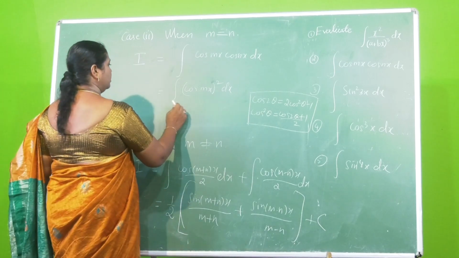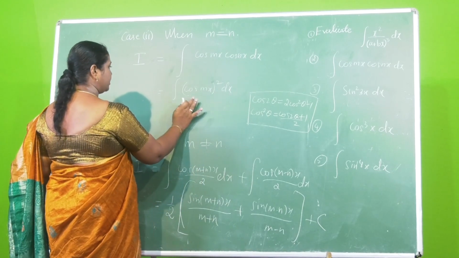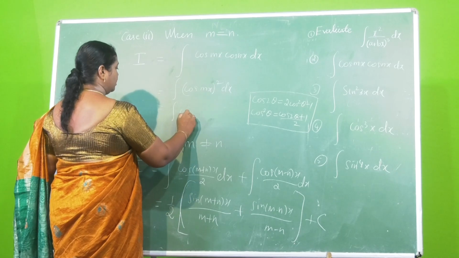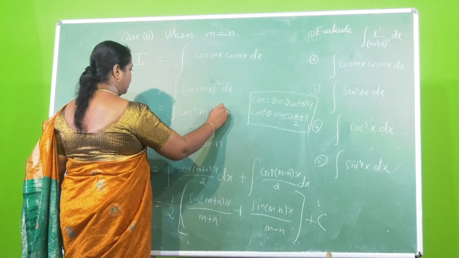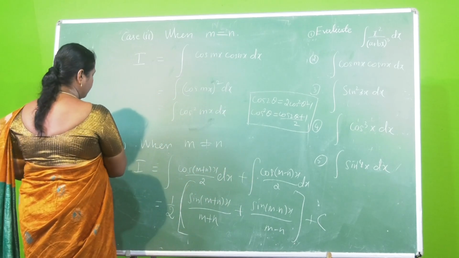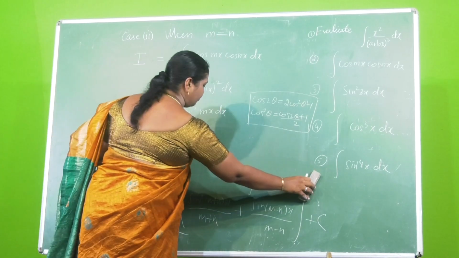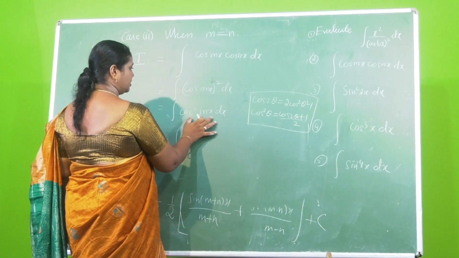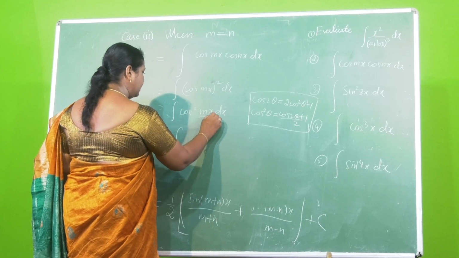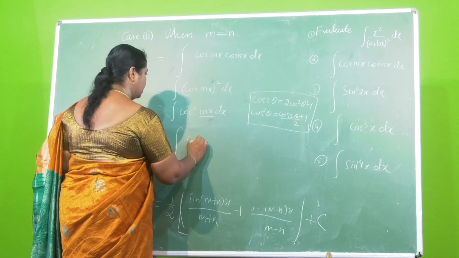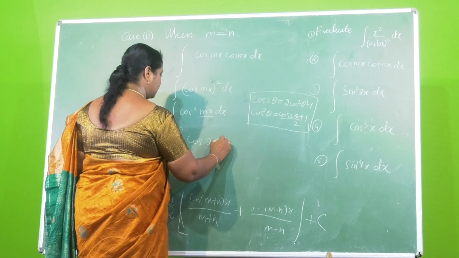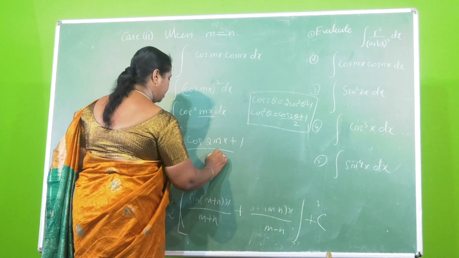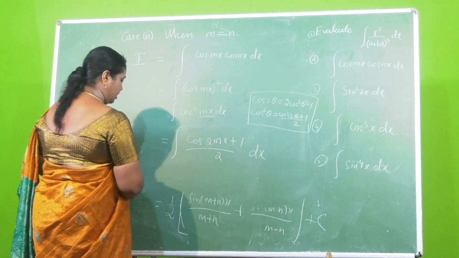Here cos mx the whole square is nothing but cos square mx dx. We have no formula for this directly, so we replace it with this formula. Here the angle is mx, so this will become (cos of 2 times mx plus 1) divided by 2 into dx.